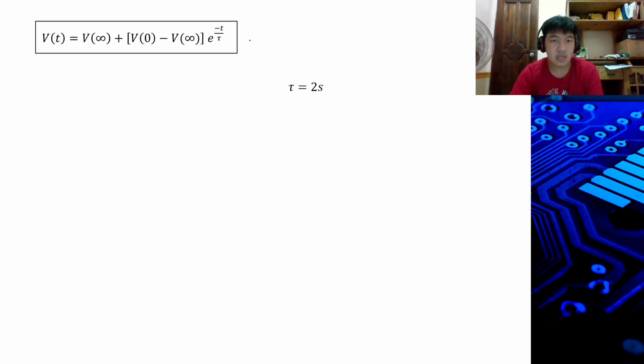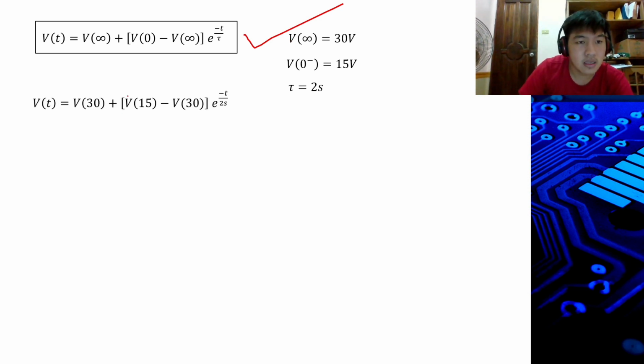Using this formula, since we have everything we need, we substitute: V of t is 30 volts plus V of 0, which is 15, minus V infinity, which is 30, times e raised to negative t over tau, where tau is 2 seconds.